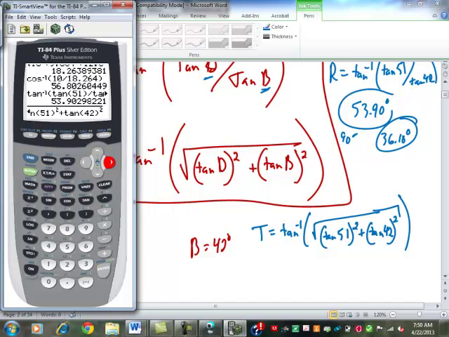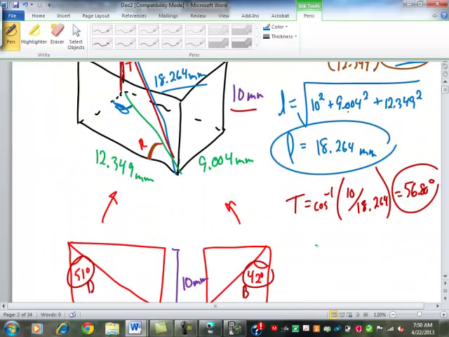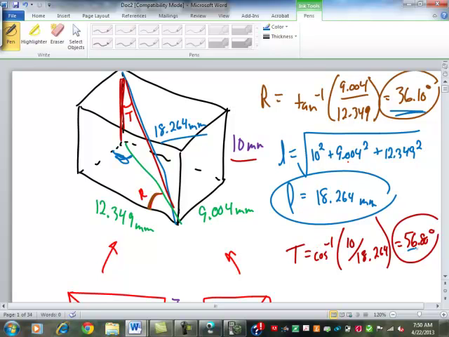Then I have to get outside my square root to close my parentheses again. I get 56.80, which is the same angle of tilt I had before.